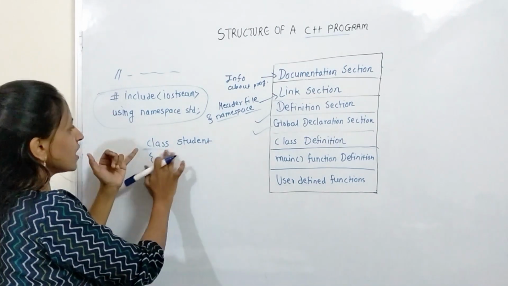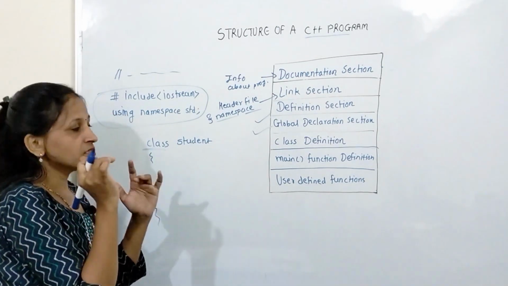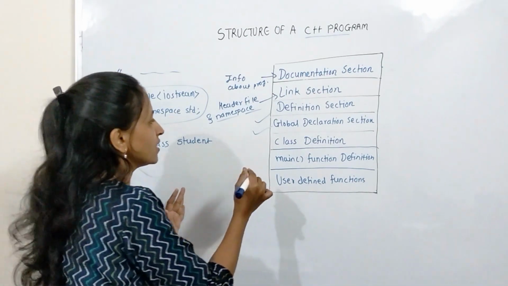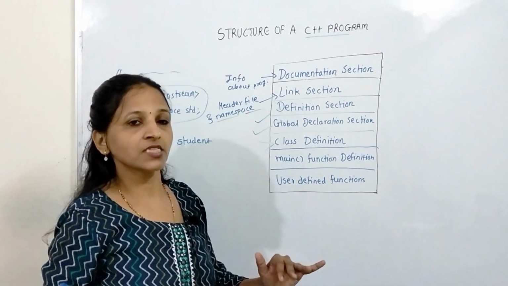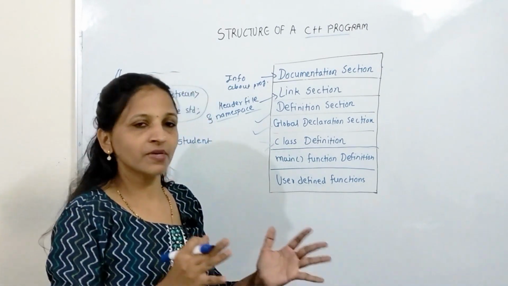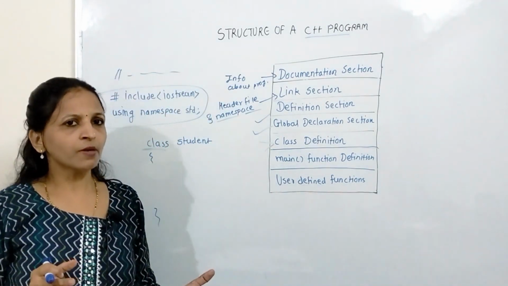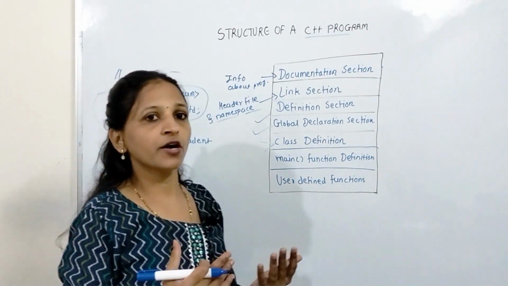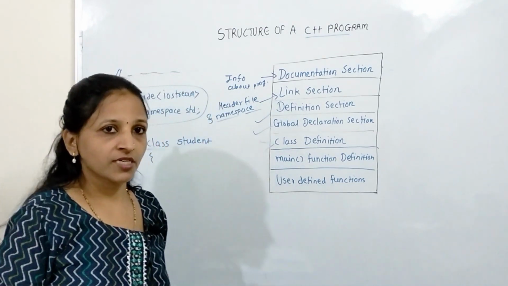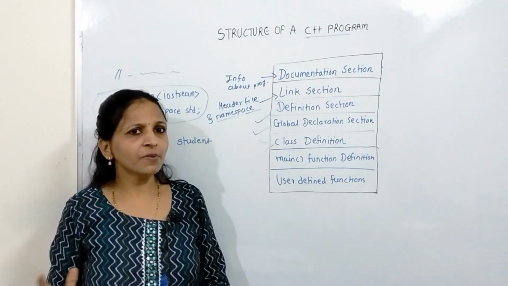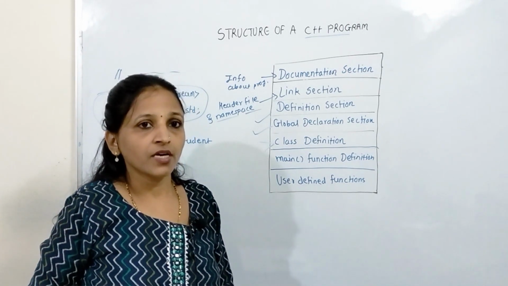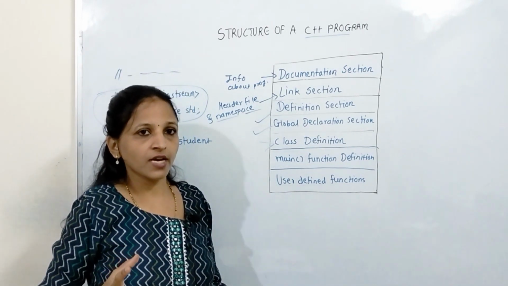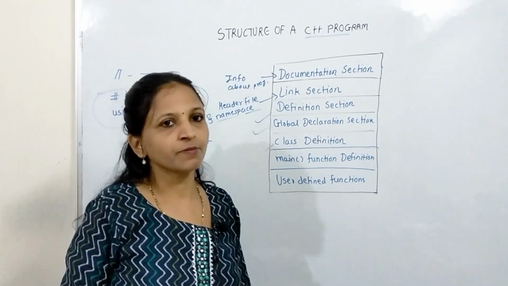Now in class Student we have to write two parts. Actually, in a class definition there are basically two parts. We have seen that a class is a combination of data members and member functions. Data members are attributes or characteristics of that object, and member functions mean what the object can do. The class is a blueprint to represent similar kinds of objects.